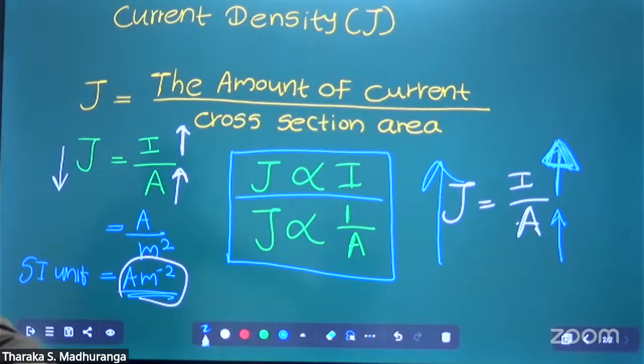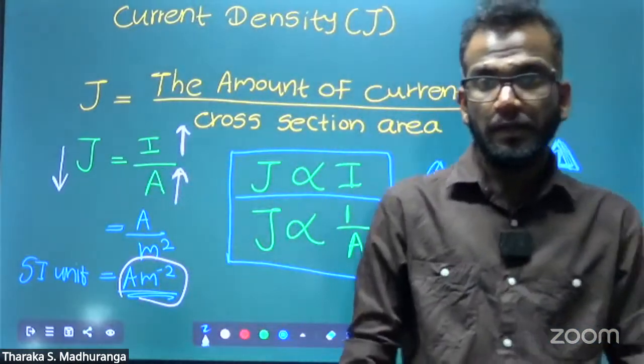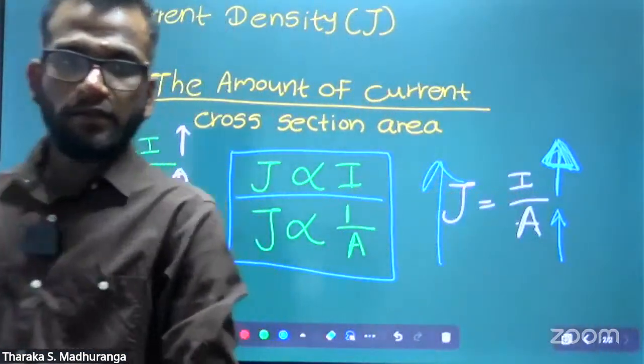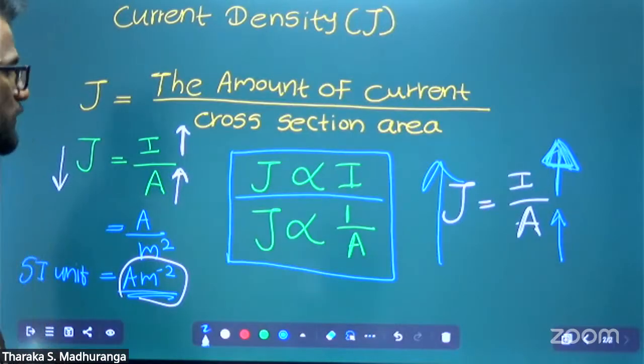Therefore, if you transfer more electric current, we always need to use thick conductors with high cross section area. As the cross section area increases, we can decrease the current density.